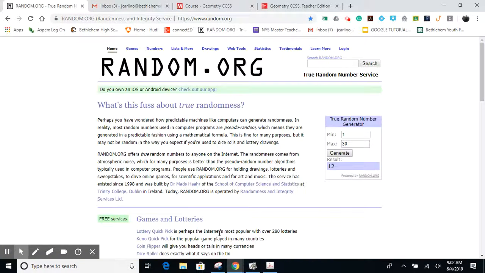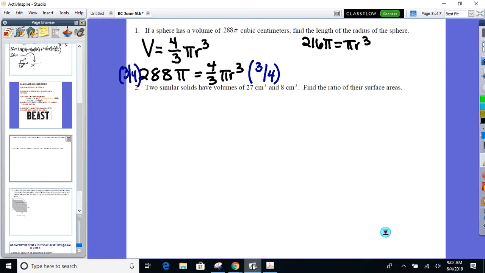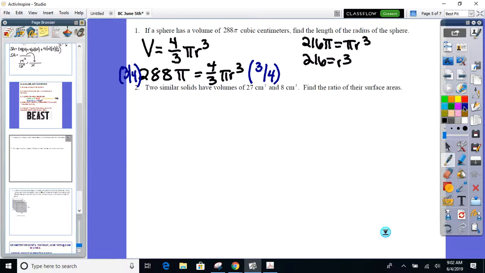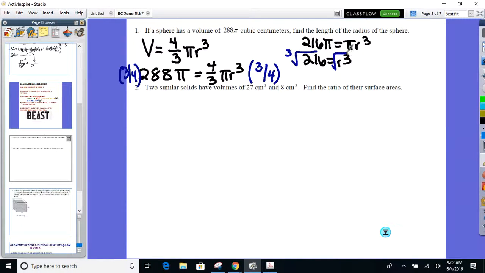Your next step to get the r by itself. Next step. Get rid of the pi's. Could have done that first, could have done it now, it doesn't matter. 216 equals r cubed. Guys, we need to be right on the calculator tomorrow if you have to take the cube root. I won't be able to answer it tomorrow, where that is.